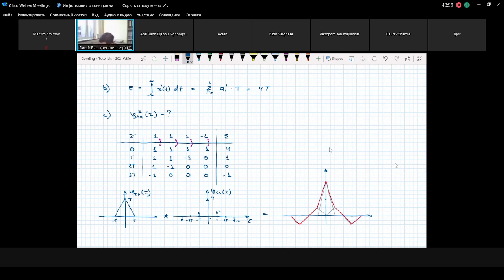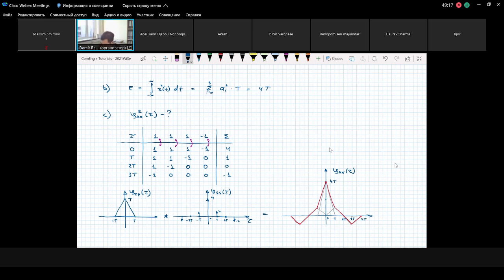As the maximum, it will have value for capital T, this autocorrelation function for x of tau. Then we have T, 2T, 3T, 4T.